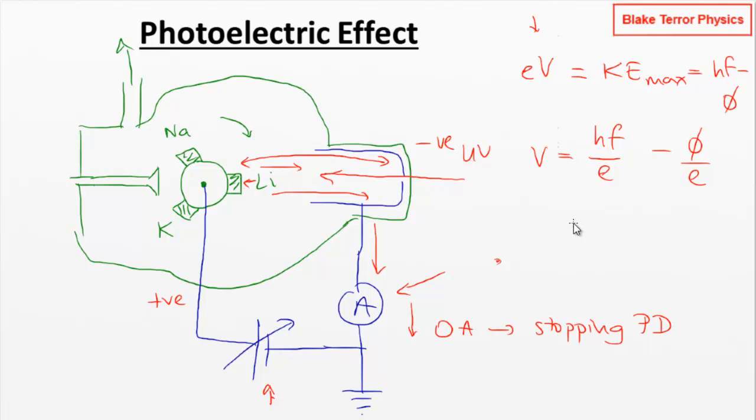Again, we've got another y equals mx plus c set up here, which means we can repeat this for different frequencies and different metals, changing around different values for f and phi. We can repeat this loads of times, plot it out, and then use the intercept and the gradient to get both Planck's constant and the work function of these different metals. So it's a really nice experiment from that point of view.